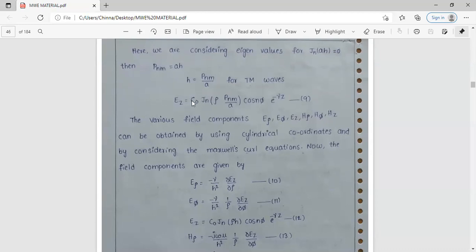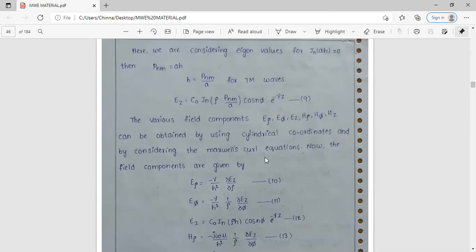That value will be substituted. Finally we can obtain Ez is equal to C naught into Jn of rho Pnm by a into cos n phi into e power minus gamma z, equation number 9. So the varying field components are E rho, E phi, Ez, H rho, H phi, Hz, the field components in cylindrical coordinates.